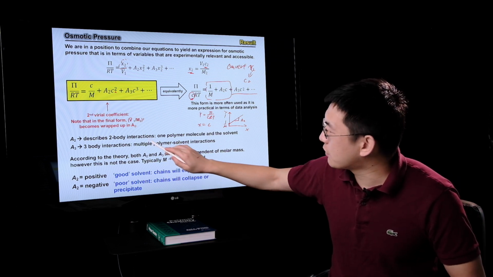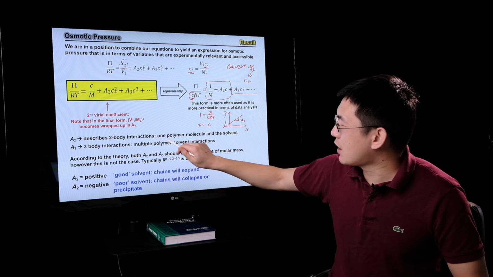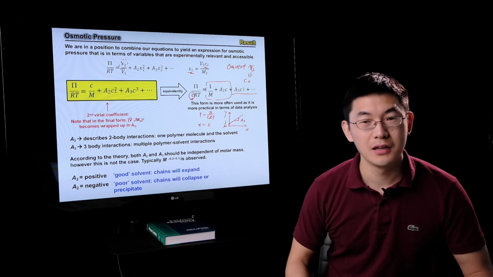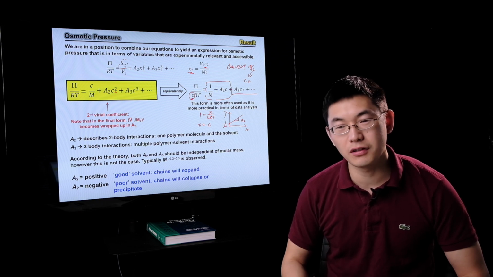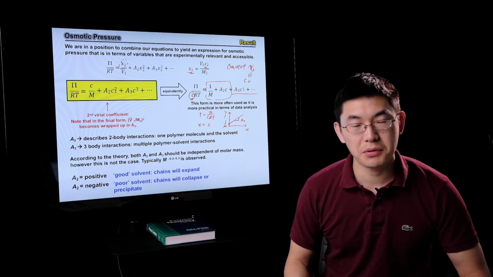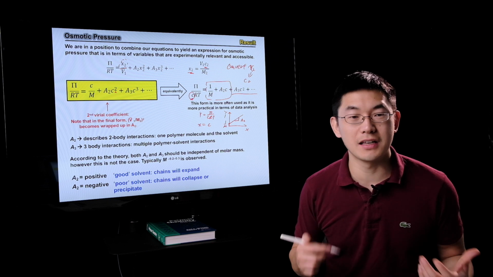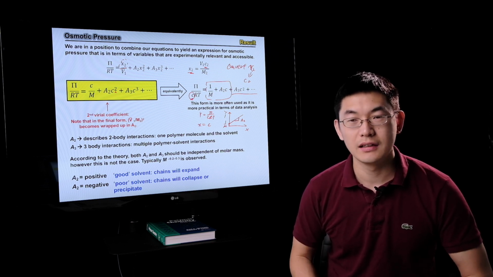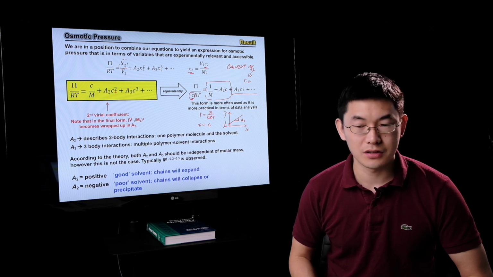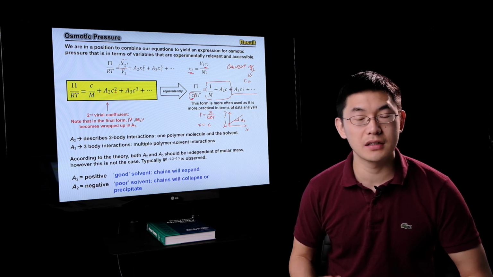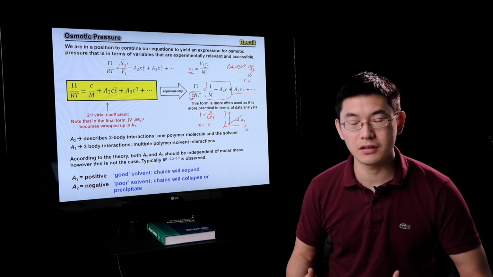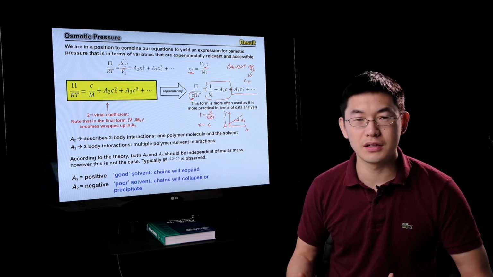And A2 describes polymer molecule and solvent interaction. And in the Flory-Huggins theory, the chi parameter we discussed is also the interaction between just a solvent and a polymer. It's the same two-body interaction, describing the same interaction between 2 species, the solvent and the polymer.